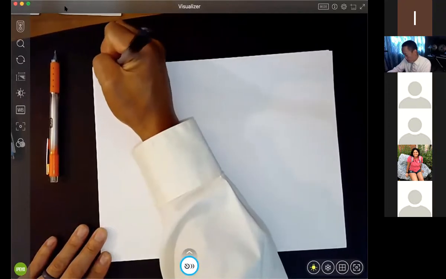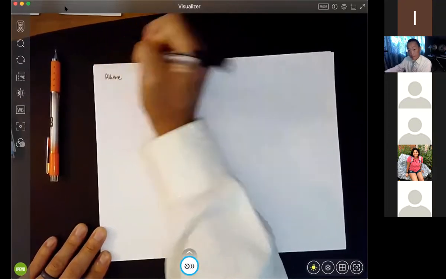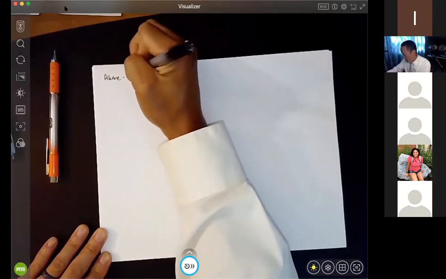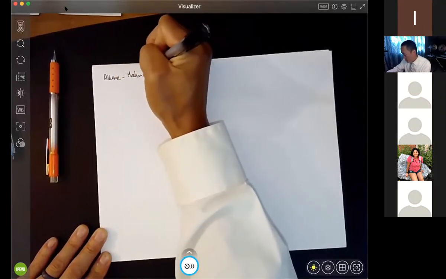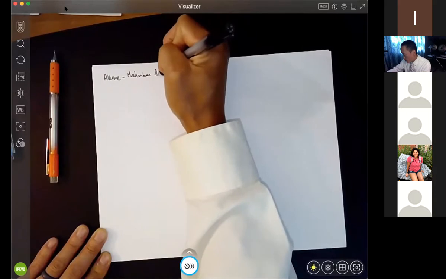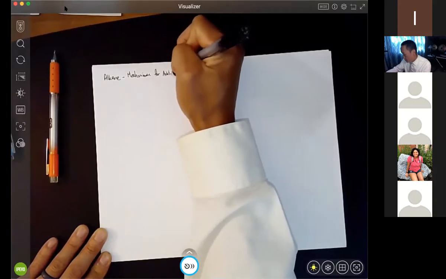So alkenes, and then we'll say mechanism for addition reactions.